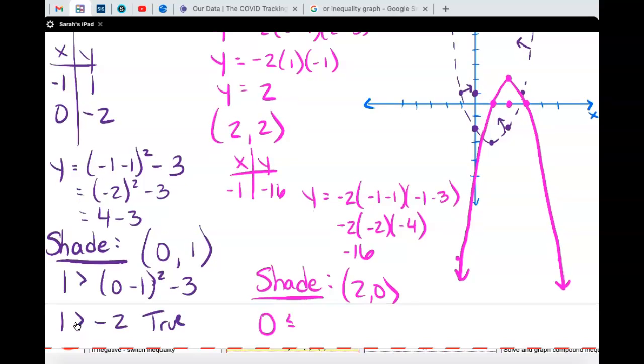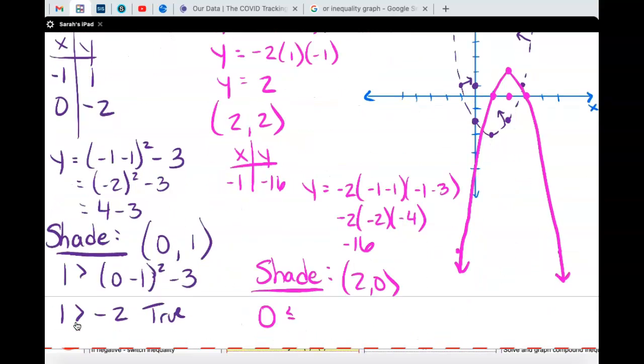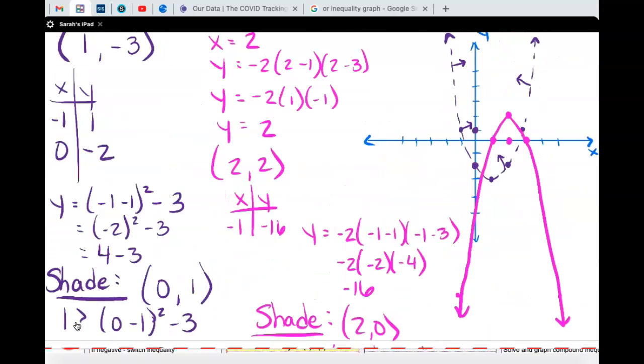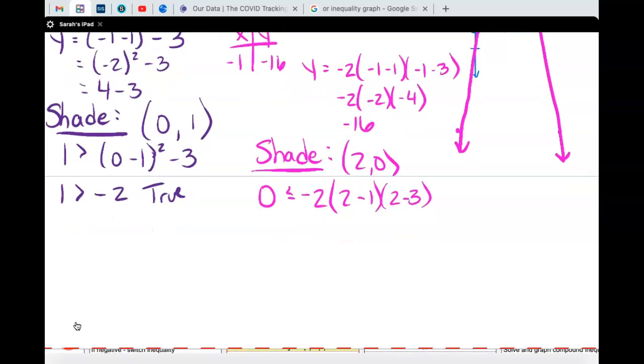I have too much writing down. And it's 2 minus 1 and 2 minus 3. So simplify this. 1 and -1.